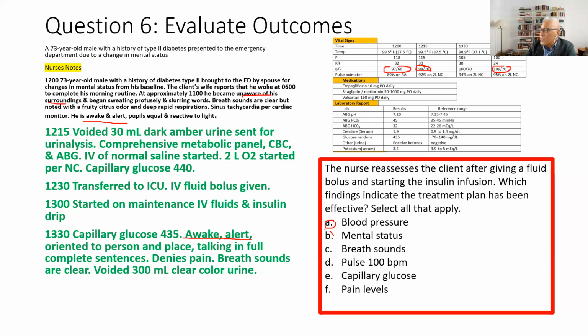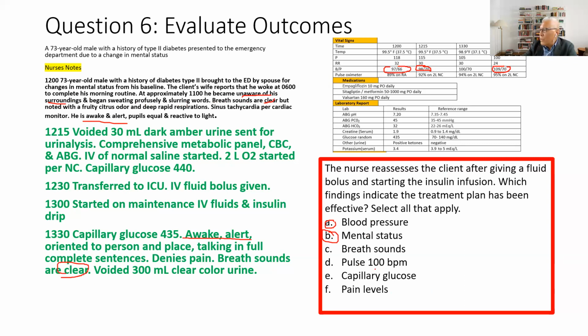So the mental status has improved. How about the breath sounds? Breath sounds are clear. So nothing really has changed with the breath sounds, right?